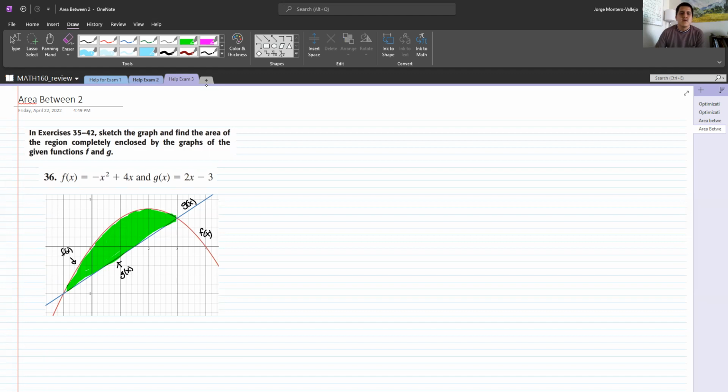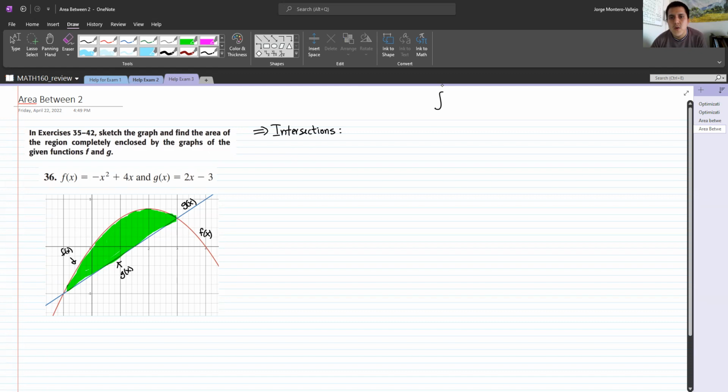Okay. All right, so how do we approach these problems? Well, we already recognize that f is on top and g is below, right? The first thing that we need to do is find the intersections. Because so far we know that our integral will go from somewhere to some other point.